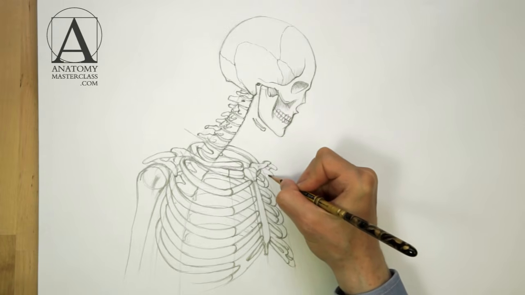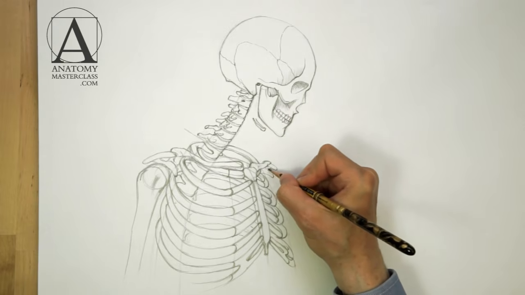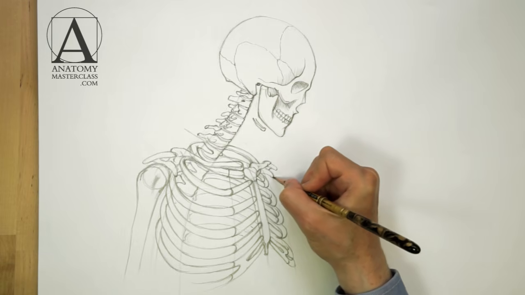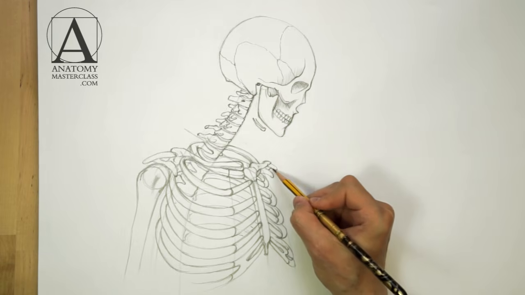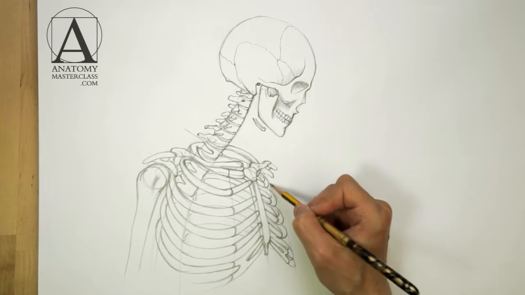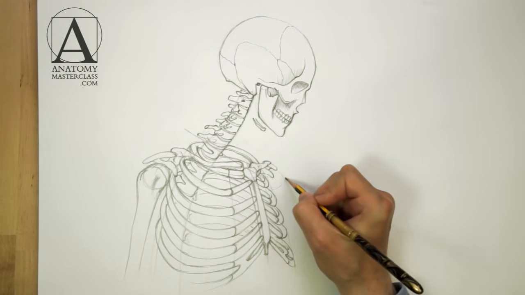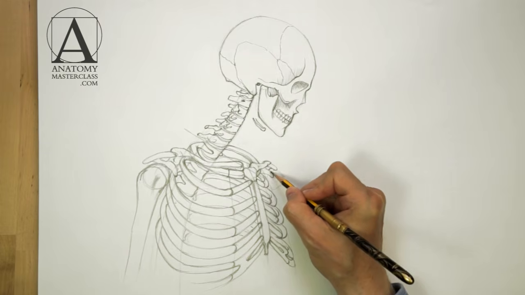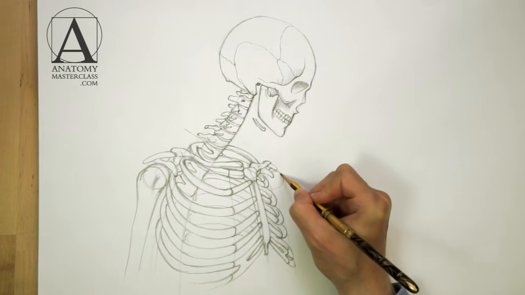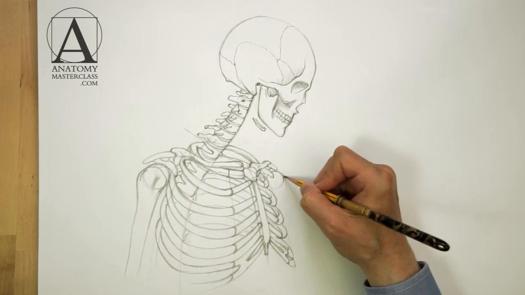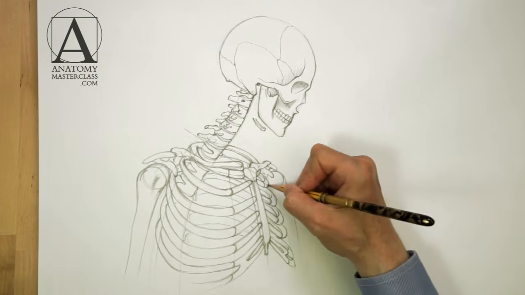Next to this round head, there's a bony projection of the shoulder blade, which looks like a bird's beak. We will examine all major muscles of the shoulder region in the next video.